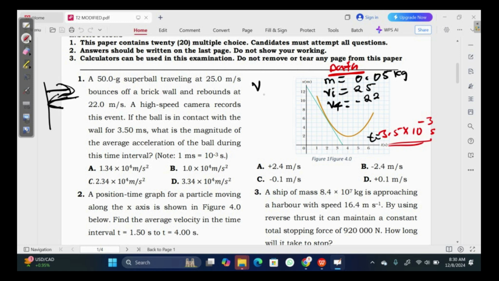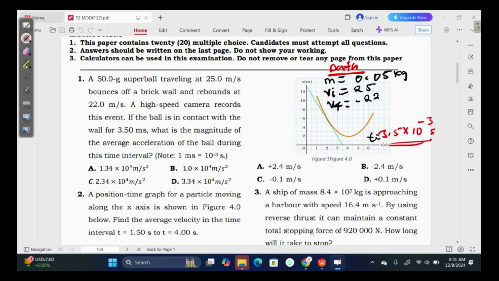If we check the data we have here, we can clearly see that we have got the velocity, the time, and both the initial and the final velocity. Mass, I don't necessarily need mass, but if there's a formula which needs mass, it's fine, I can use it.